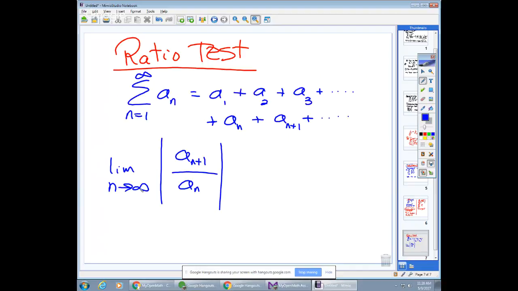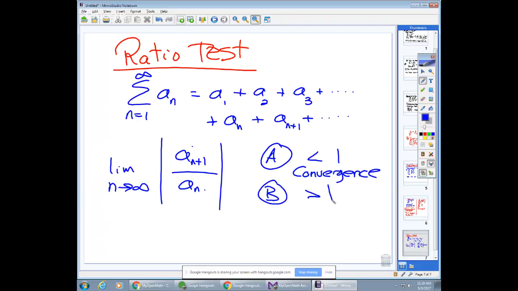And one of 3 things can happen. Either this limit right here is going to be less than 1, in which case the terms are getting small enough fast enough that the new terms are smaller than the old terms sufficiently, and we're going to have convergence. B, this ratio is greater than 1 in the limit.